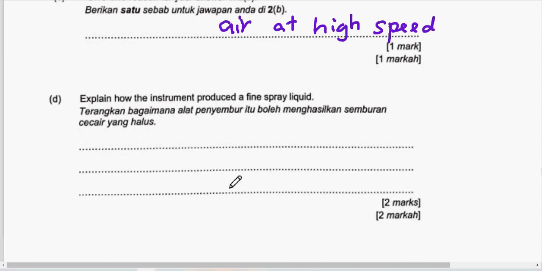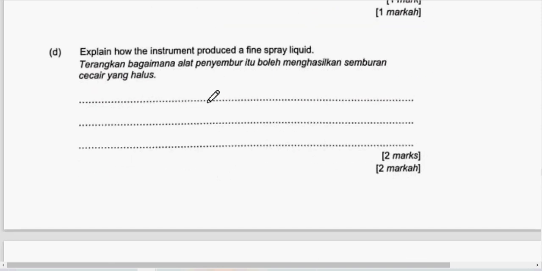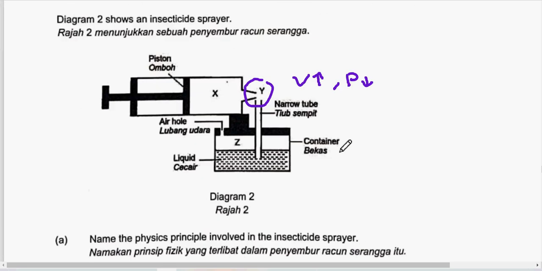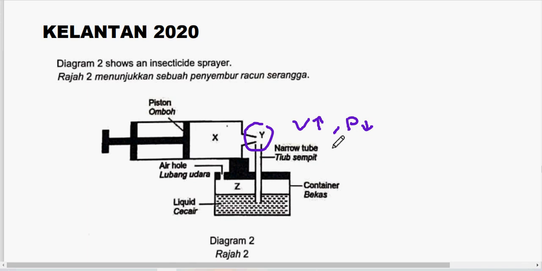The next one. Explain how the instrument produces a fine spray of liquid. The way you explain this will be the same as just now. First you need to mention that the air is being pushed by the piston. So the air is pushed, which means that the velocity of air at point Y will be greater.